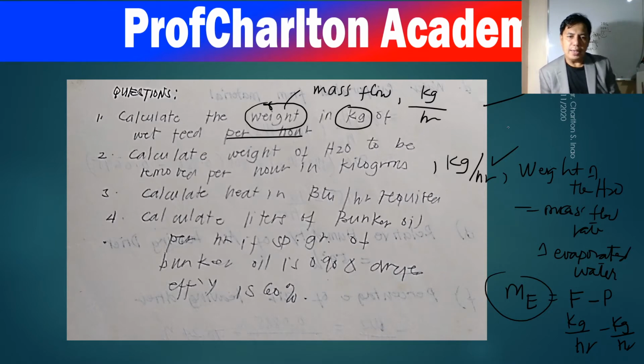So if I may ask you, what are the heats that are involved in this problem? I want to discuss this because I want you to understand the detail of the problem. It is not that easy. It is a bit complicated.